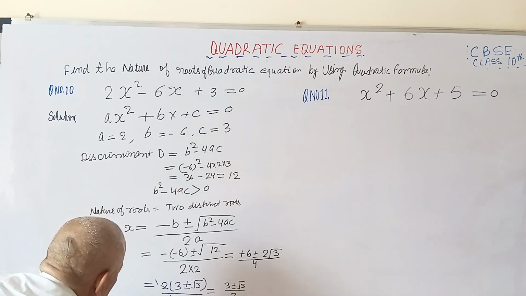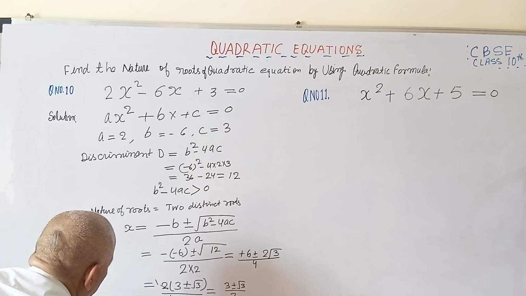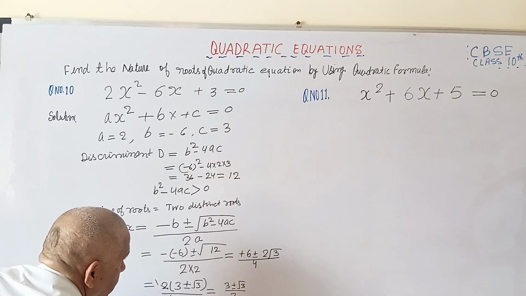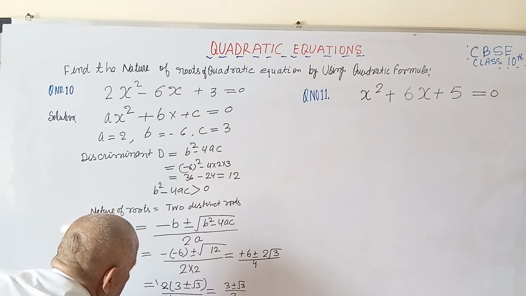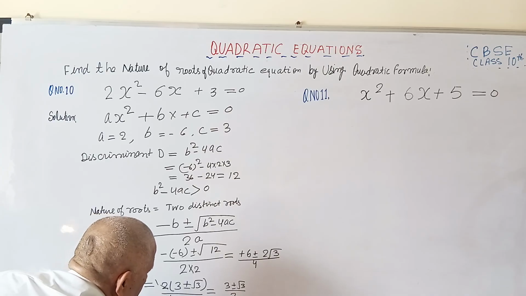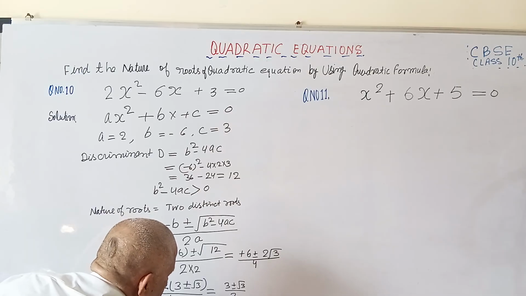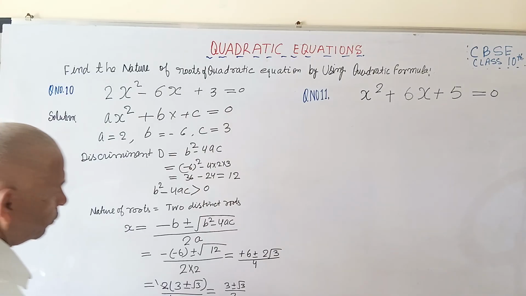Now the value of x, it will have two distinct roots. So x will become 3 plus root 3 by 2 and the second will be 3 minus root 3 by 2. These are the roots of the equation.